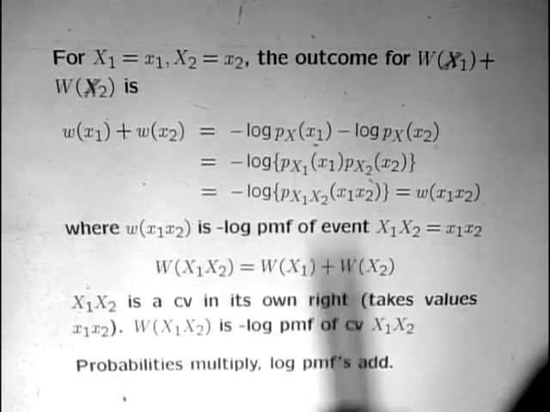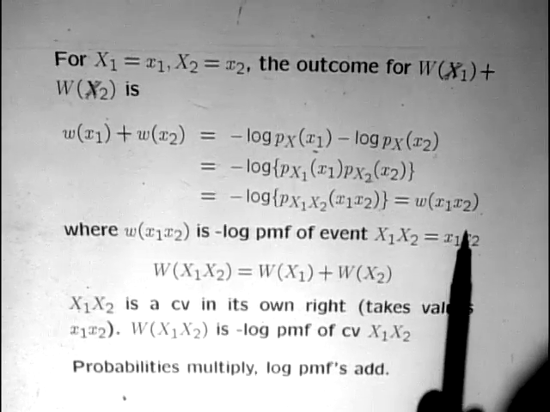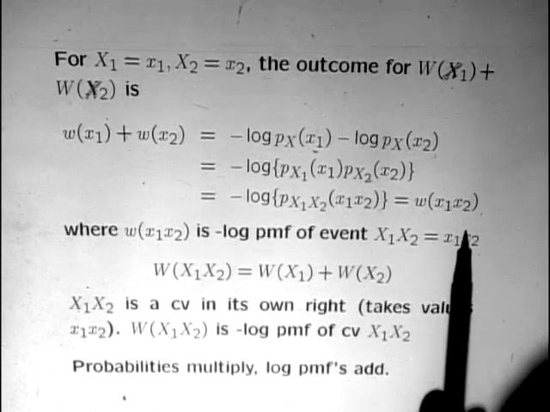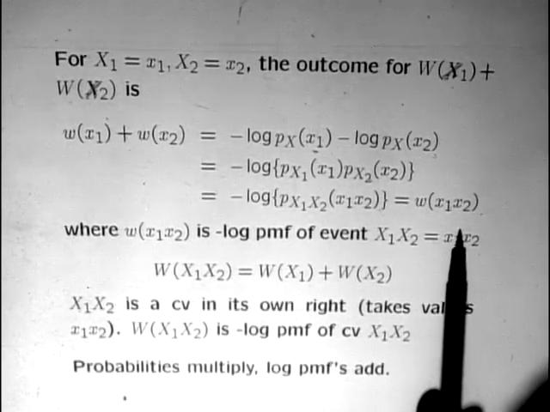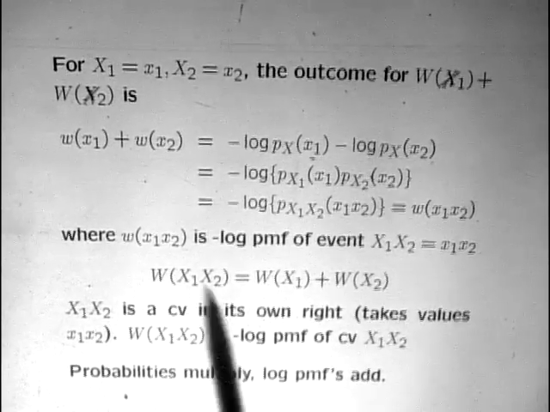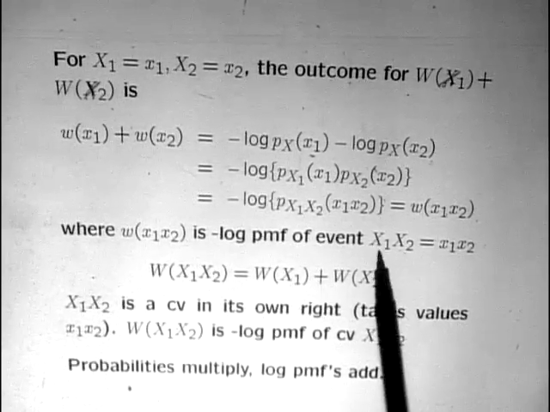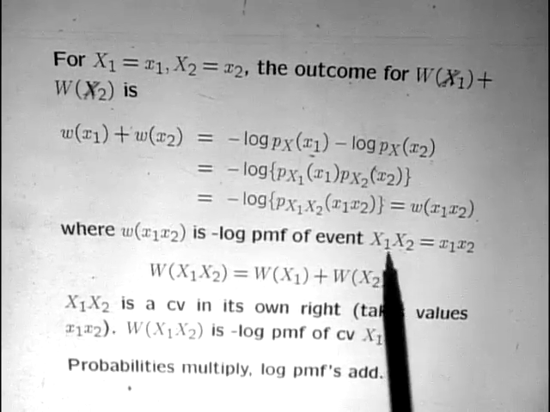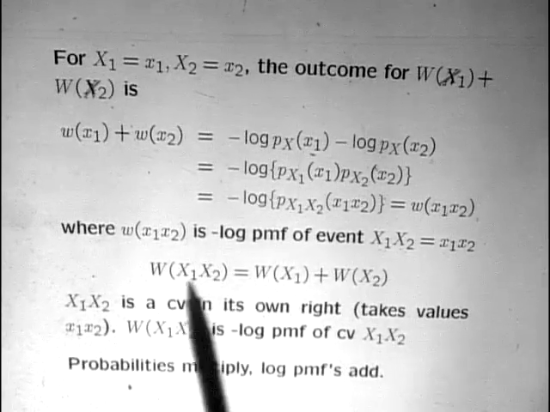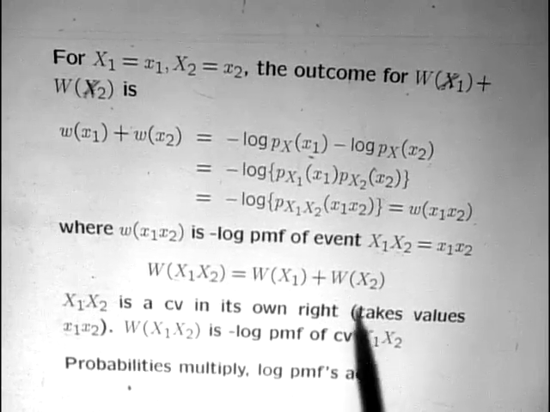So the sum here is the random variable corresponding to the log PMF of the joint outputs x1 and x2. So w of x1, x2 is the log PMF of the event that this joint chance variable takes on the value x1, x2.